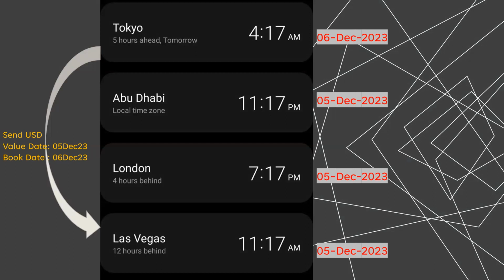So in the Tokyo books, it is booked with the booking date of 6th December, but the value date is sent as 5th December. Let us take a reverse case. If money is sent from the US to Tokyo, the booking date will be 5th December and the value date will be 6th December. So this is one sample scenario where value date and booking date are different.